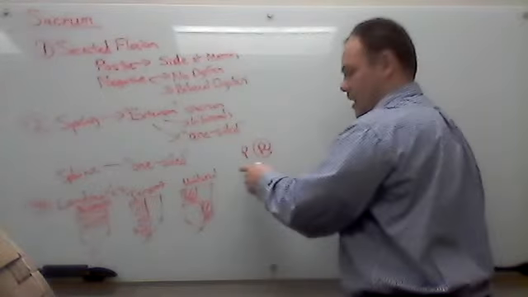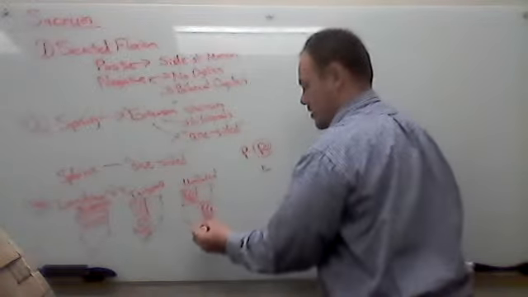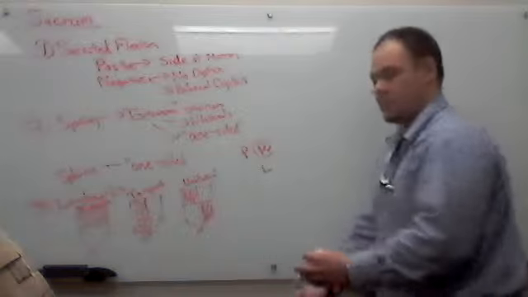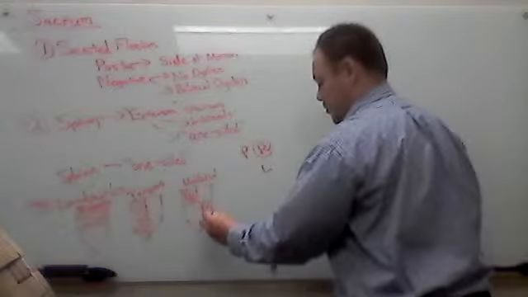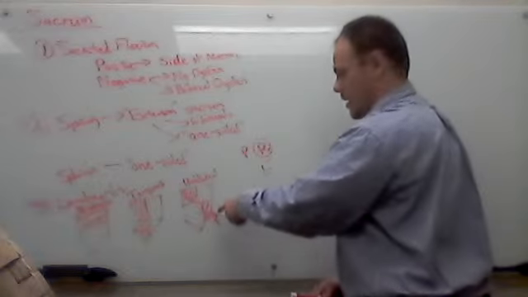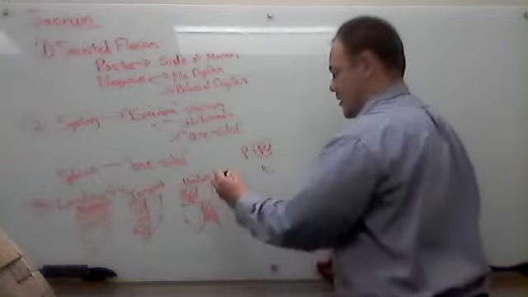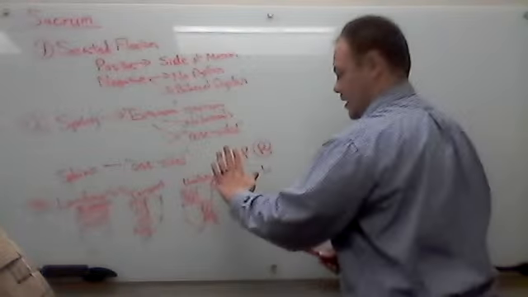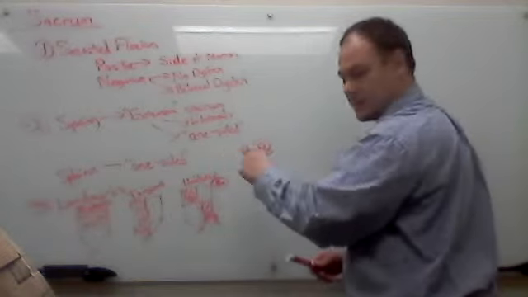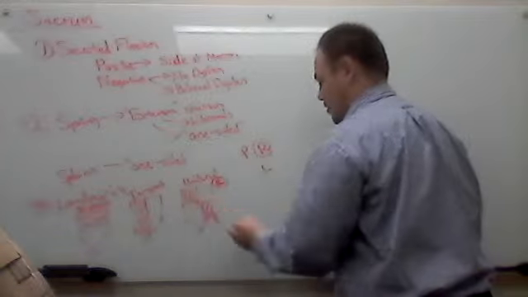If it's a unilateral shear, it's going to be the entire right side that is moving. So if we have a posterior ILA on the right and a right seated flexion, that means the right side is coming into flexion and causes that unilateral shear.